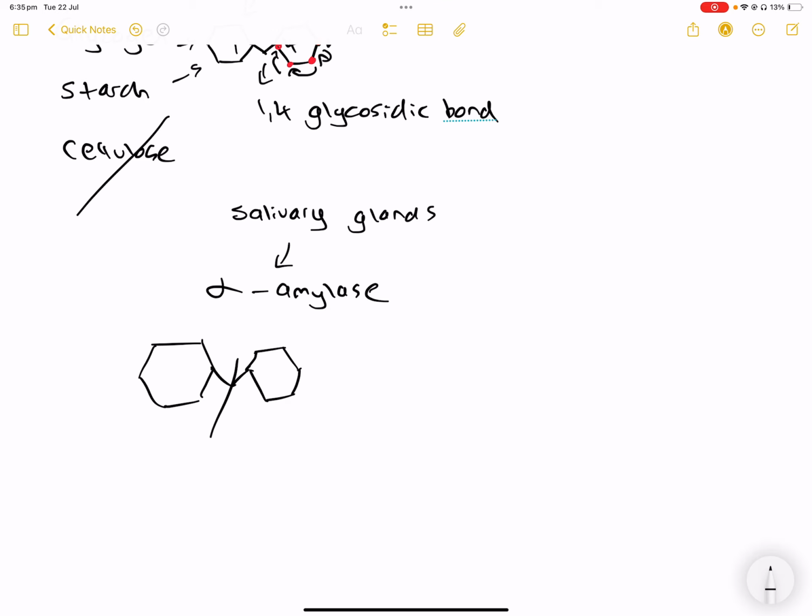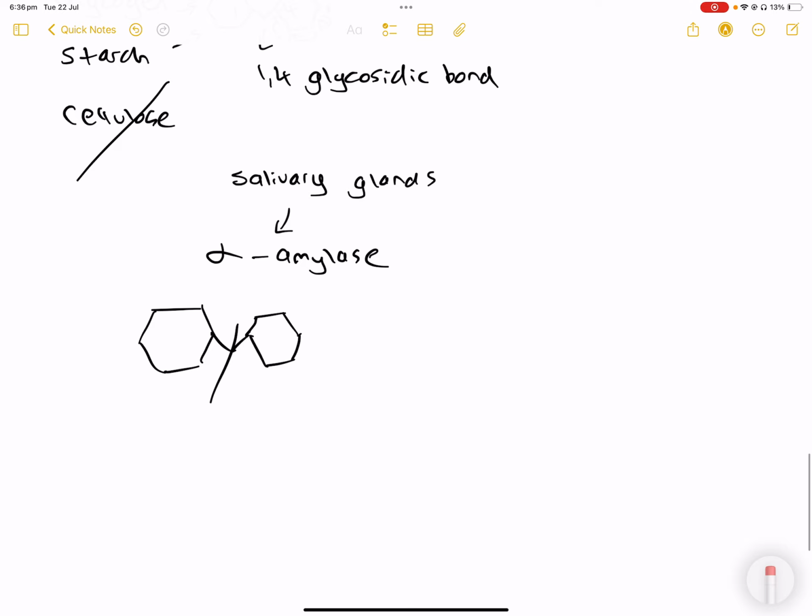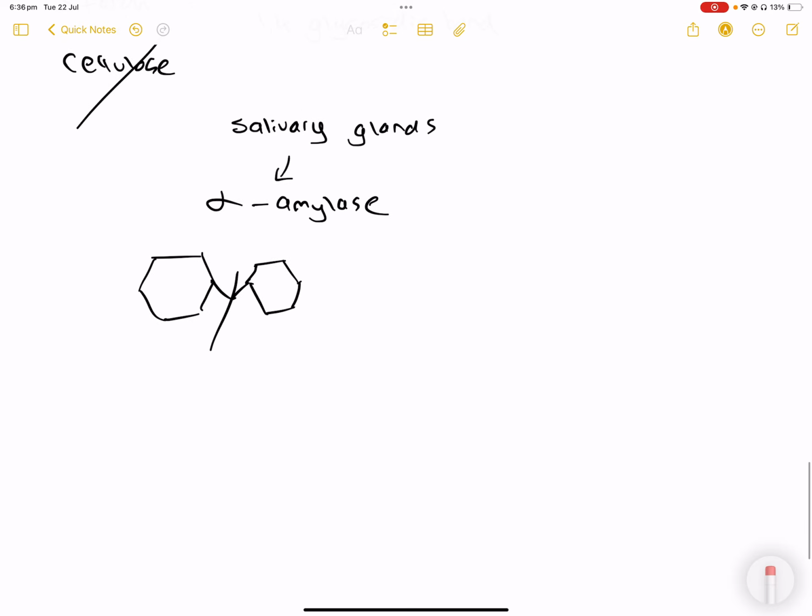Okay, it can only break 1,4 glycosidic bonds. However, because it's branched glycogen, we have 1,6 glycosidic bonds. So we're going to need further enzymes down the track. Okay, but it acts to further break it down. Good.